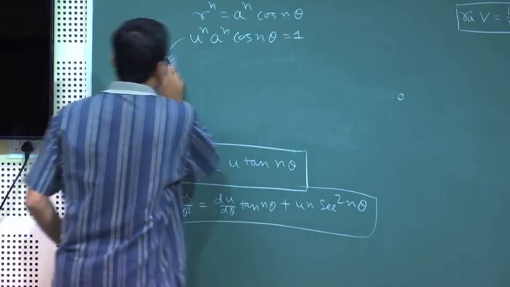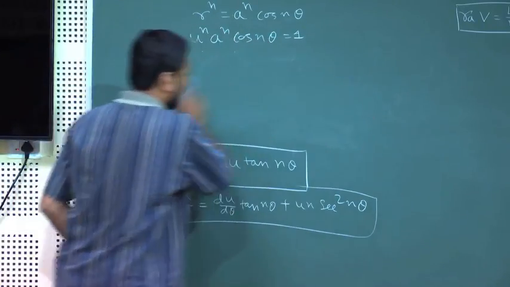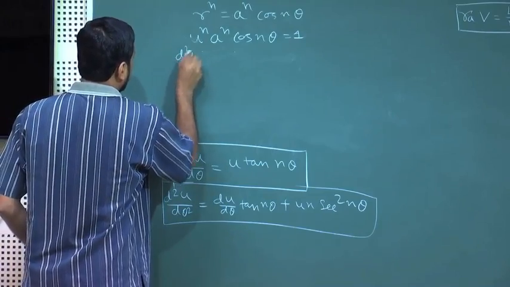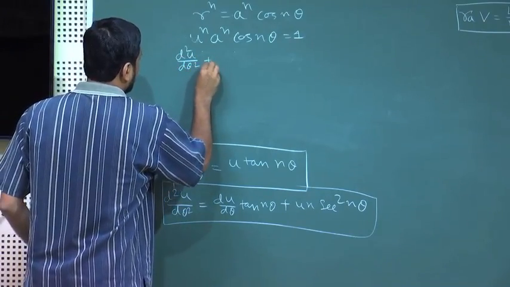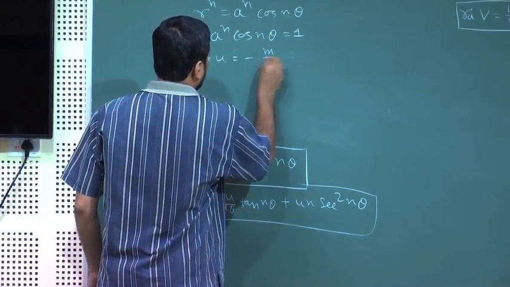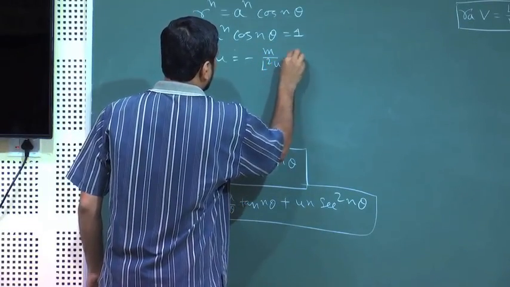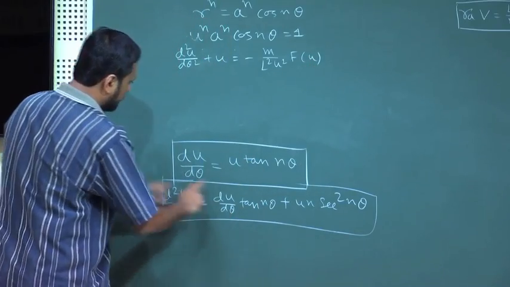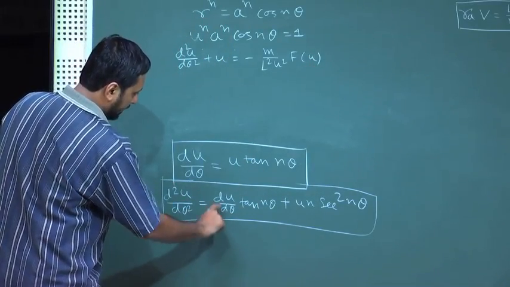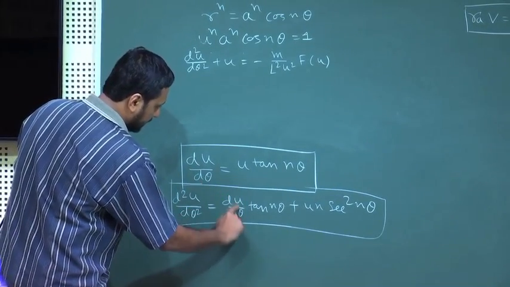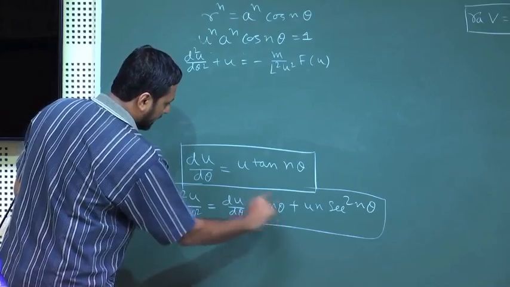Now, if we substitute this into the equation, d2u d theta 2 plus u is equal to minus m by L square u square f of u. Once again we have to substitute du d theta in this equation, which will give you u tan square n theta.